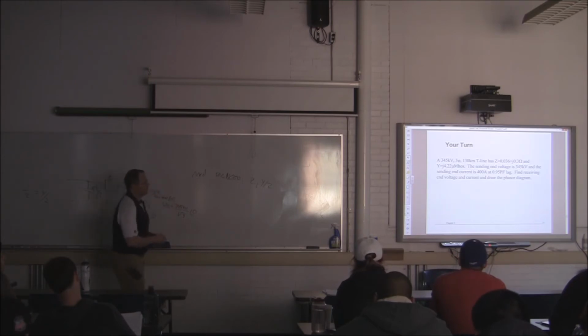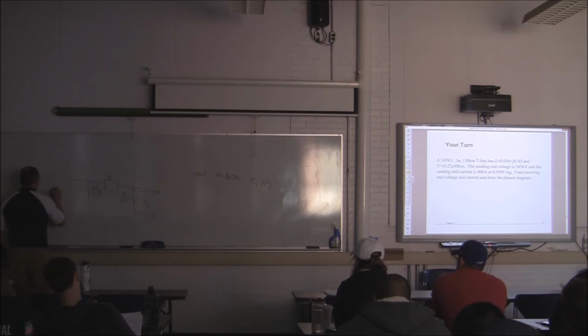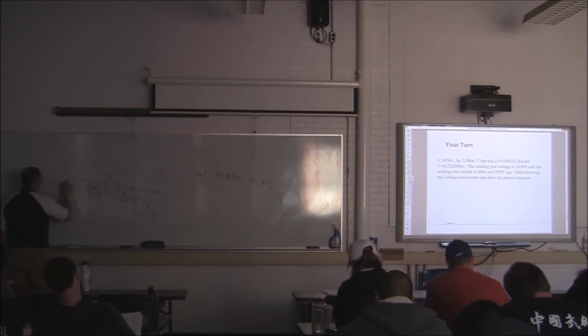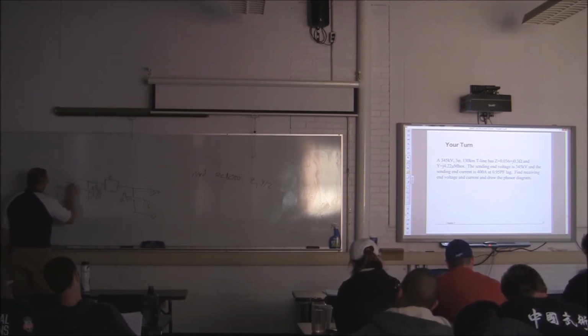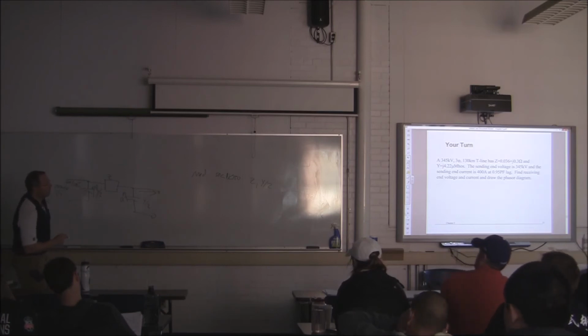Oh, I gave you the sending end voltage and current. Sorry. Other way. So this is 345 at an angle of 0, over square root of 3. Sorry. This is 400 at an angle of minus the inverse cosine of 0.95.